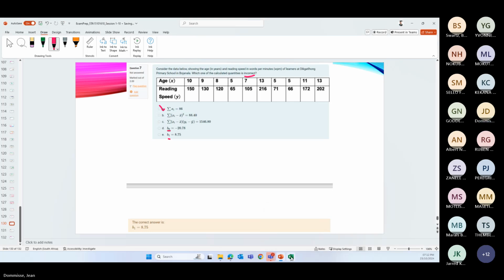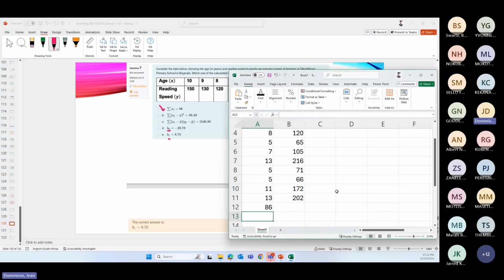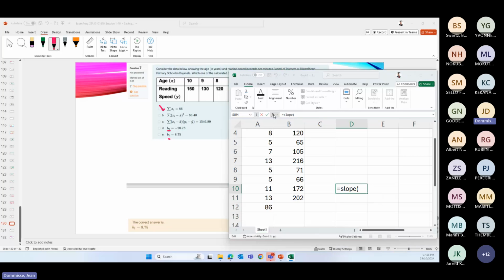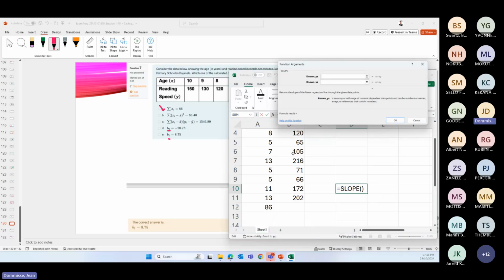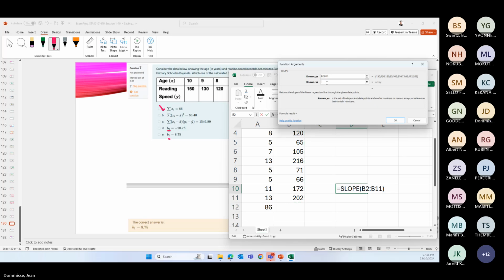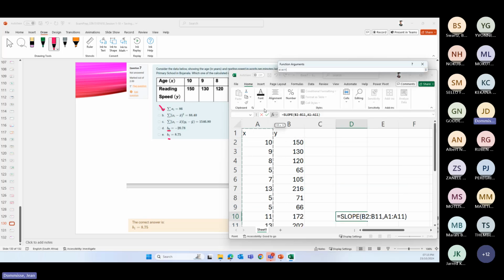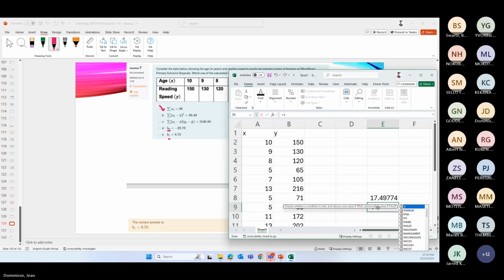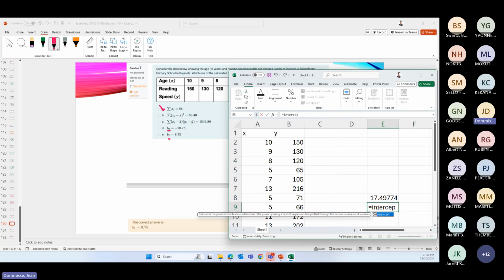Remember B0 and B1. So the one is the slope. So we're putting in the y values first. We're putting in the x values second. Okay, so let's quickly work out the intercept one.